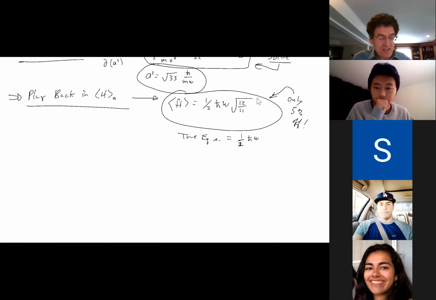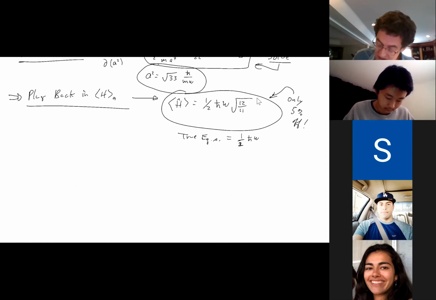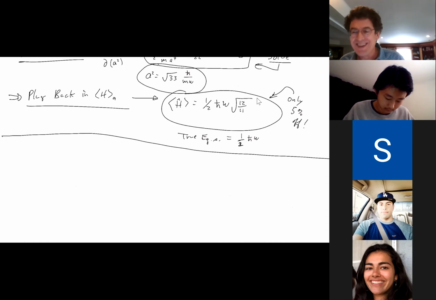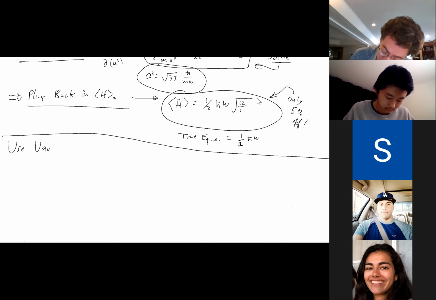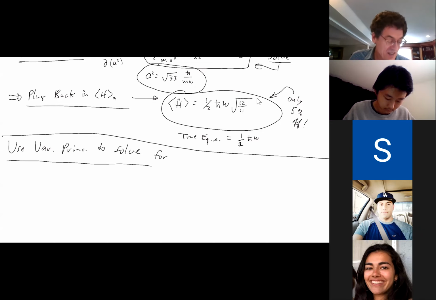Okay, now let's do another example. So that is one example, but now let's do a really hard problem. We're going to use the variational principle to solve a really hard problem. And the really hard problem is the ground state of helium.